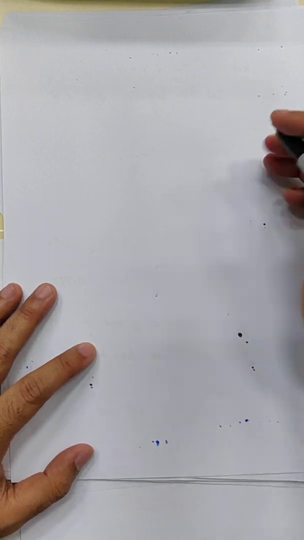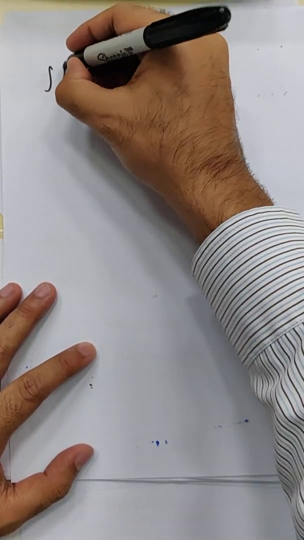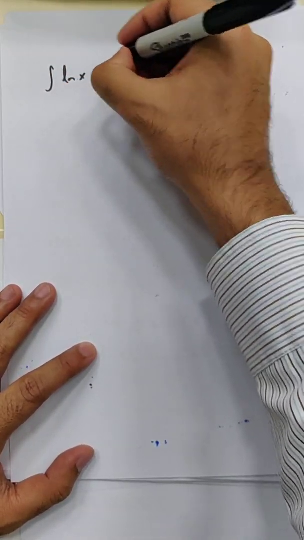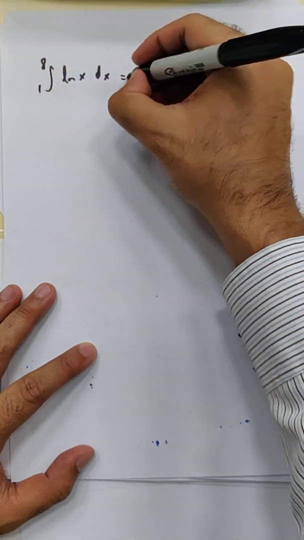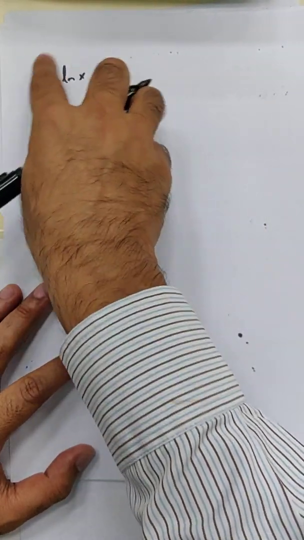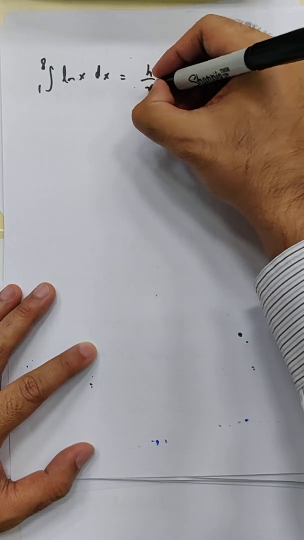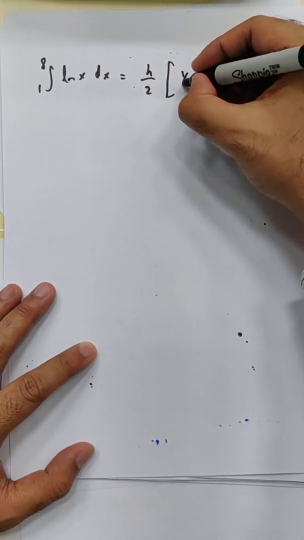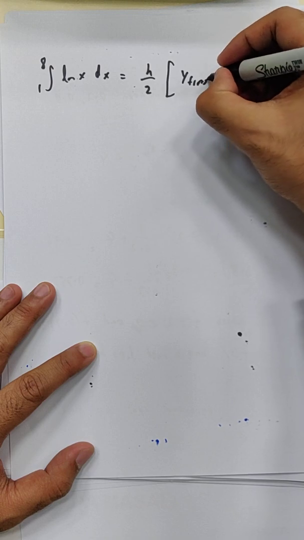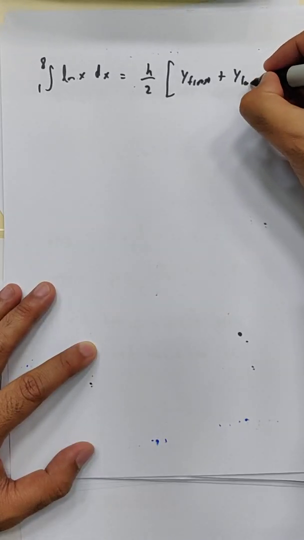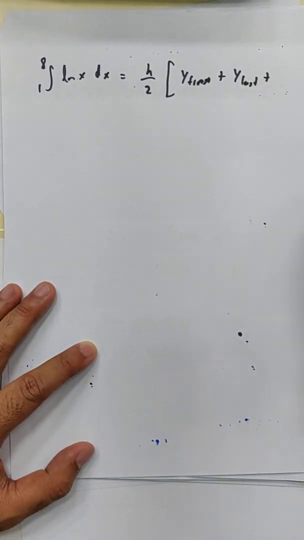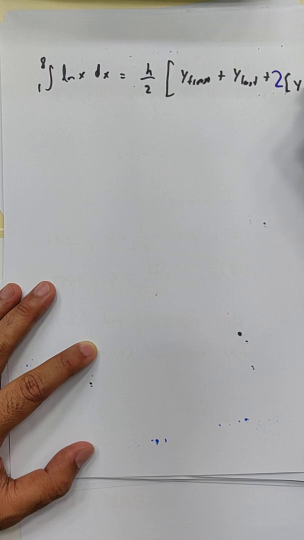Okay, substitute inside the formula of the trapezoidal rule. I would write this one, because we start from here, right? So it becomes, don't forget, h over 2, y first, plus y last, plus 2 times y between.